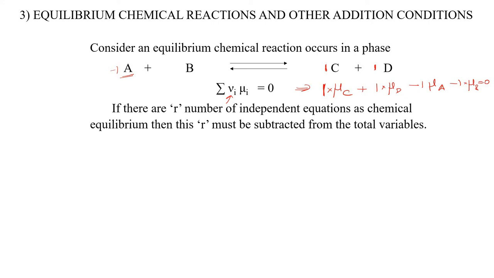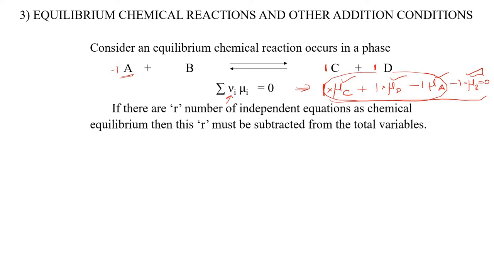So this condition arises out of the criterion of chemical equilibrium. Now listen, here we have 4 intensive variables. If you know any 3 variables, then the 4th variable gets automatically fixed. So for each chemical equilibrium, you need not fix one particular variable.